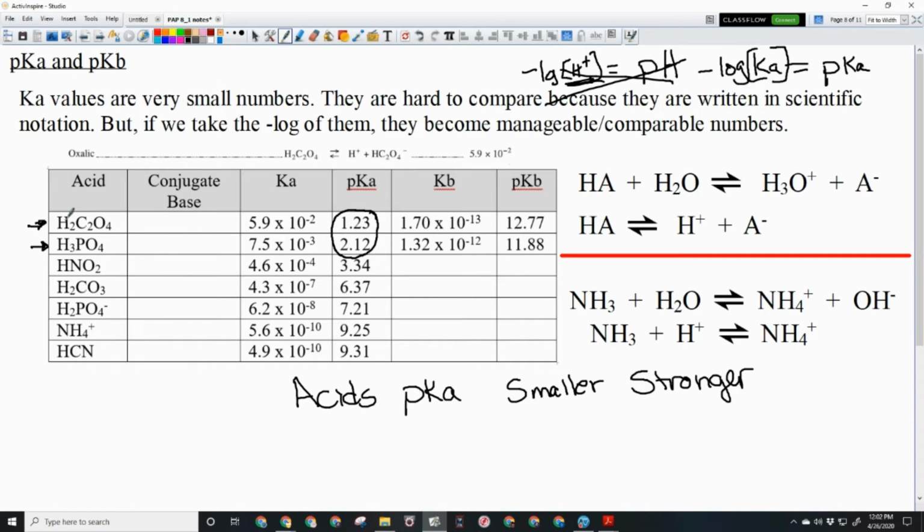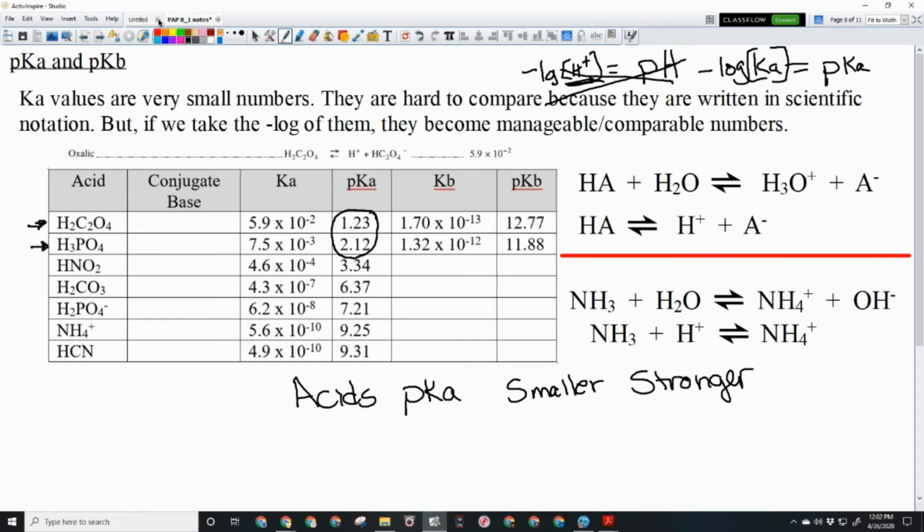It's the oxalic acid. 1.23 is smaller than 2.12, so oxalic acid is stronger than H3PO4, phosphoric acid. So that's the importance of the pKa and the pKb. That's what this chart is explaining.